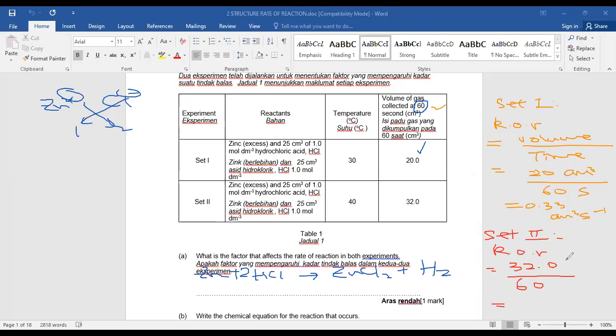Someone press your calculator, please. 0.53. 0.53. So I put it as 0.53 cm³ per second. Now from here, which set will have a higher rate of reaction? The answer should be set 2. Can you see the value to be bigger? Okay.